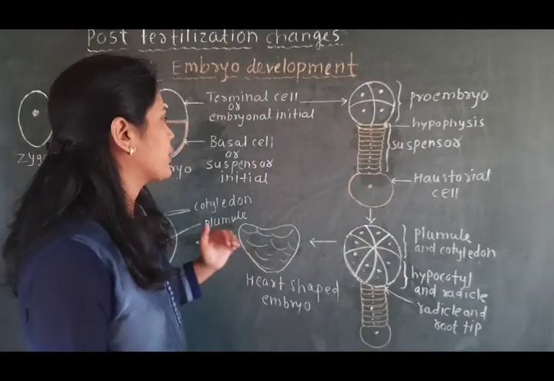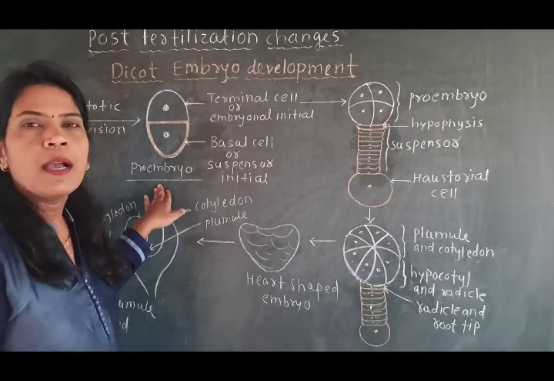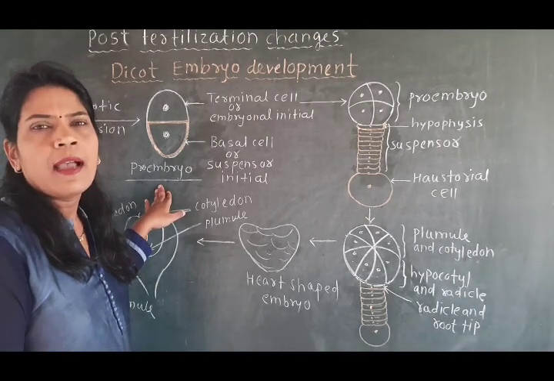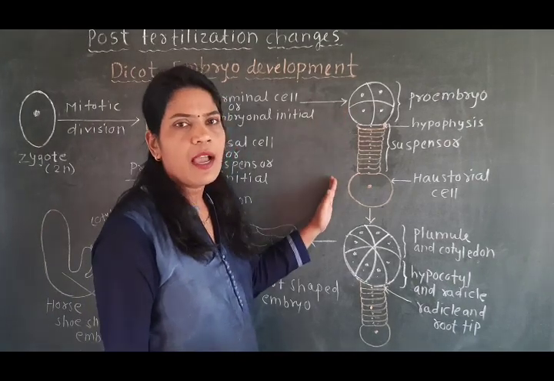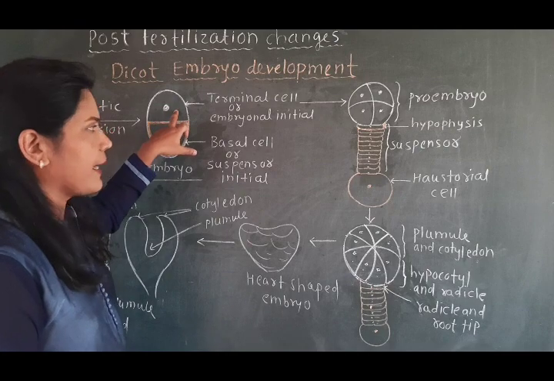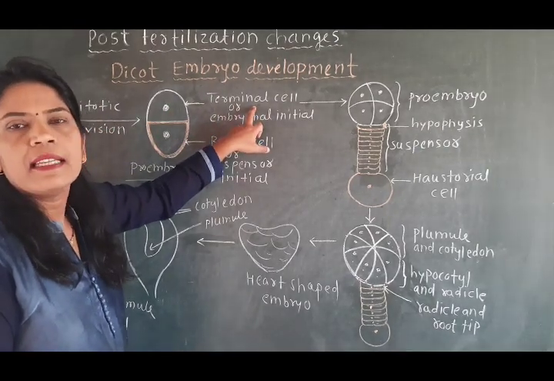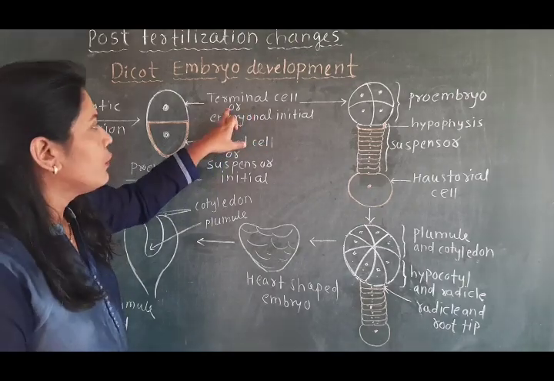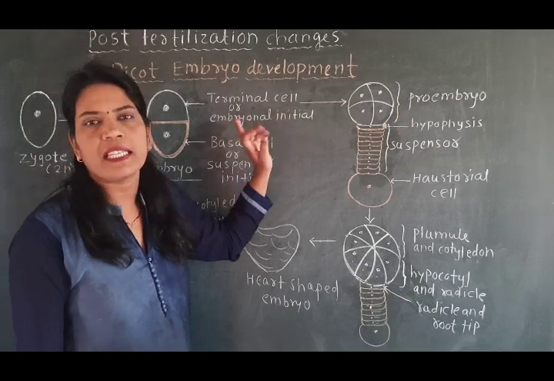Then what happens next? This proembryo again divides and forms a completely new structure. How is this structure formed? See here, this terminal cell which is near the chalaza end, which we also call the embryonal initial cell.